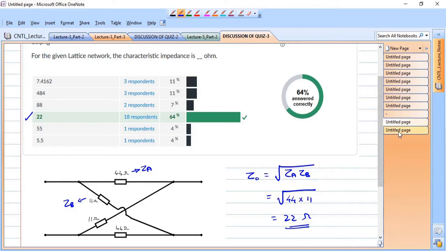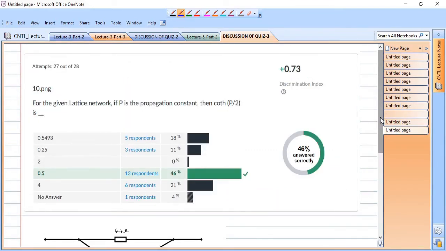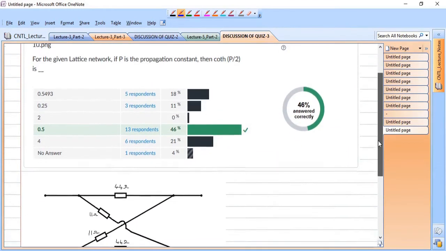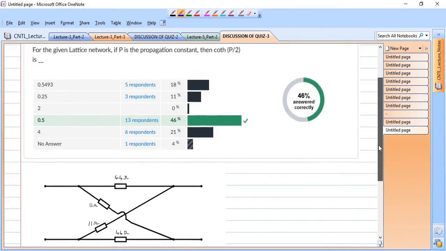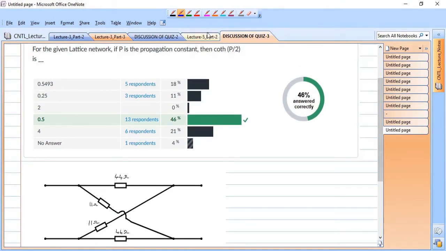Now the 10th question is, for the same lattice network, what is coth P by 2? That is, if P is the propagation constant, it is coth P by 2.